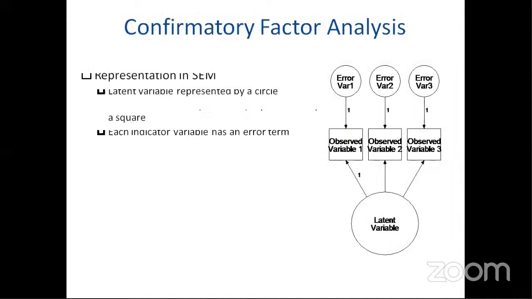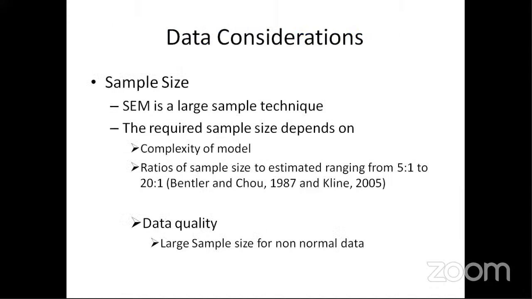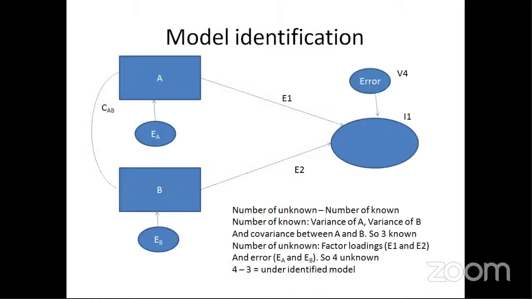Now let us talk about the relationship which is there. For example, this particular construct is captured by using two measured variables. So how many statistics will come into the picture?